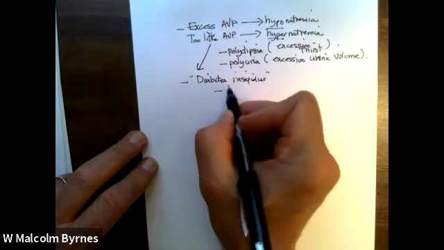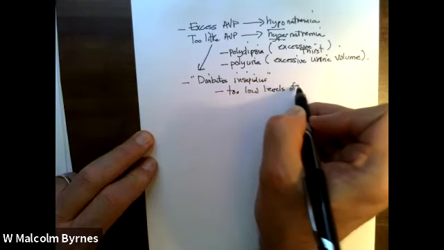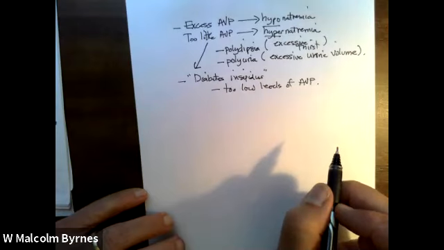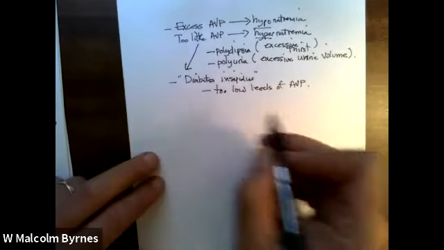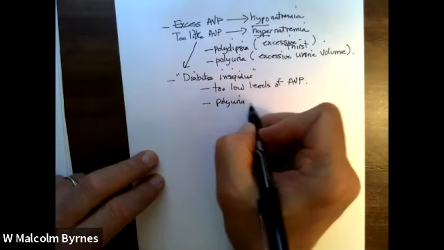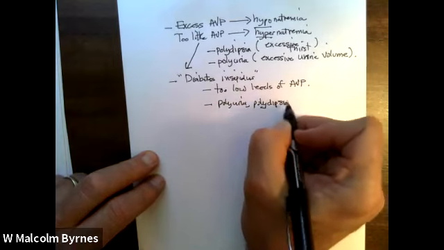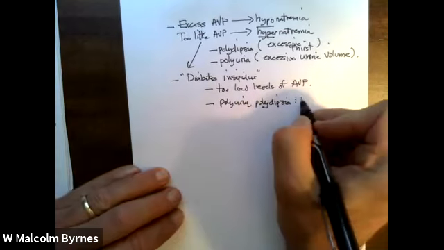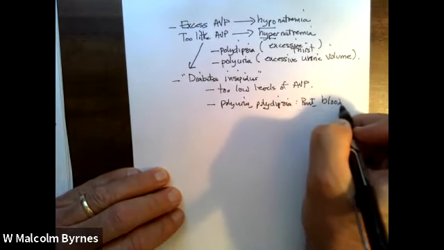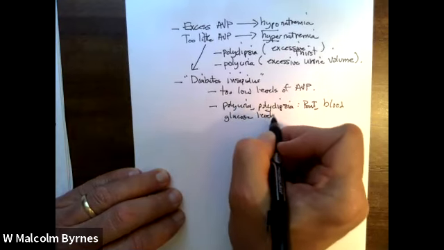Again, polyuria, polydipsia. However, blood glucose levels are normal.